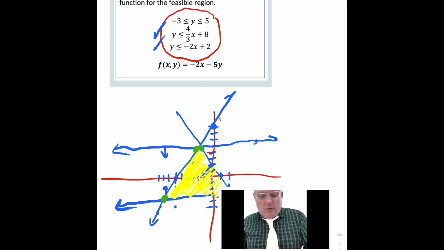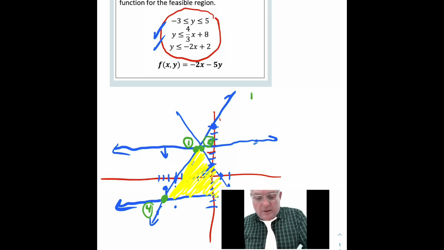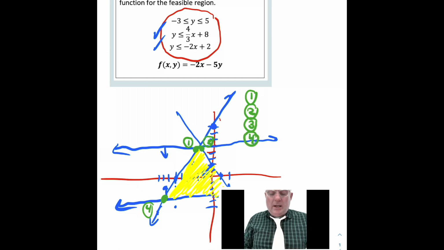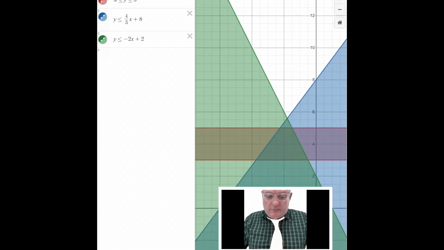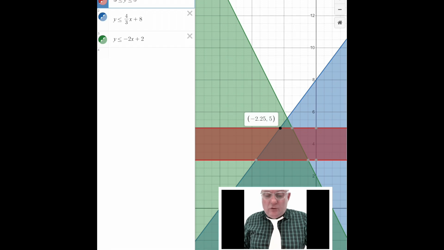So what I'm going to do is number these vertices, and I'm going to consider my Desmos version of this to be more reliable than what I did just by making a sketch.